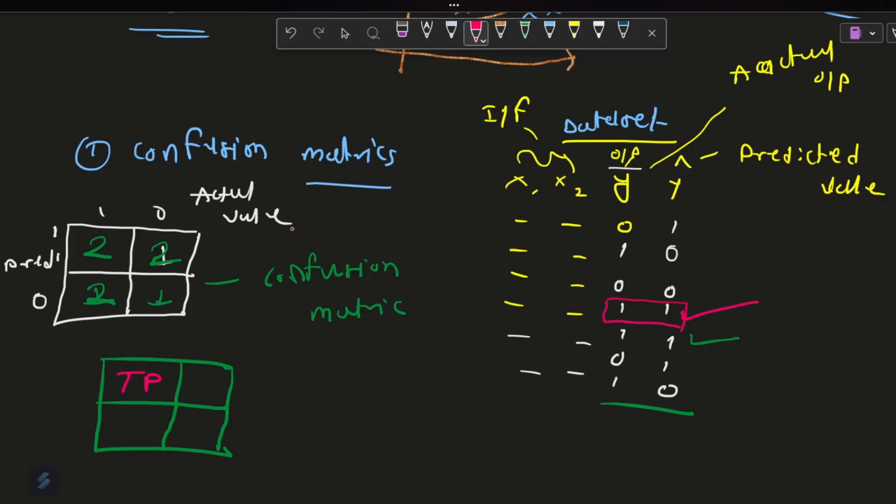Similarly, there is a true negative, meaning that point also your model predicted right. Similarly, there is a false positive, and one more is a false negative. That's basically the confusion matrix. When your model predicts right, the point comes here and that count continuously increases.